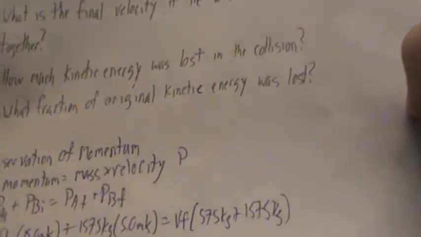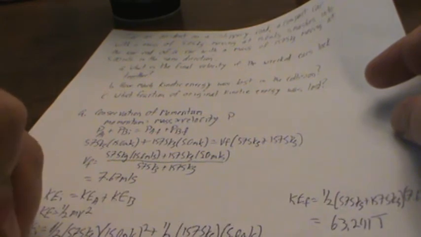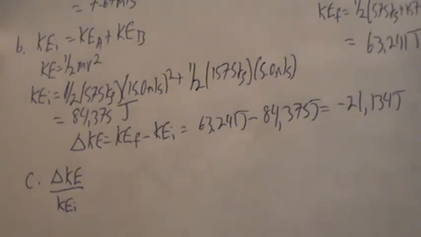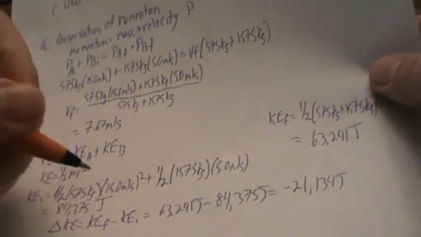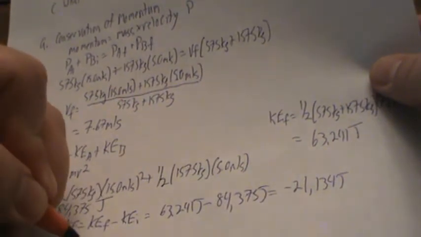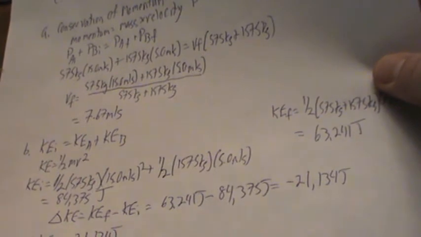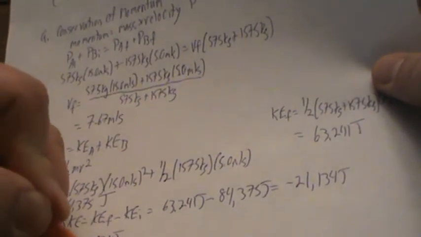Now C, what fraction of the original kinetic energy was lost? To find that, we take our change in kinetic energy over our initial kinetic energy. So negative 21,134 joules over our initial, which was 84,375 joules.